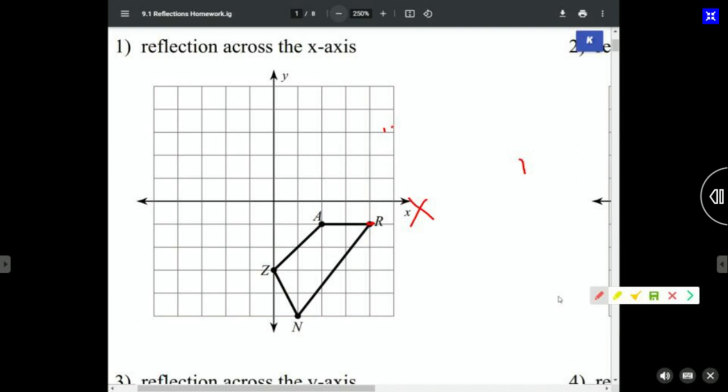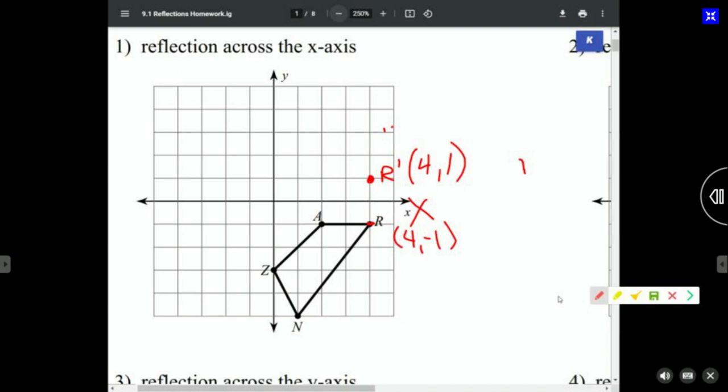My R is going to become R prime. I have 4, -1 right there. What's the coordinate for R prime? 4, +1. What changed? I still have a 4 and a 1.